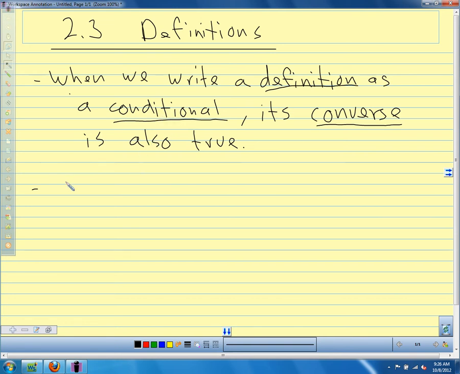So a good definition in math is a conditional statement where the converse is also true.